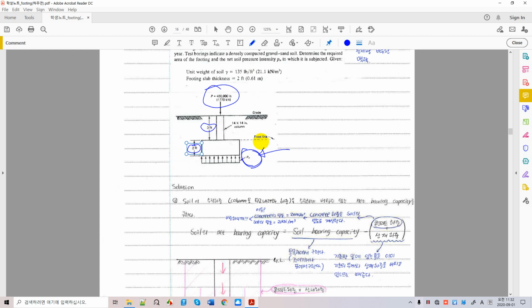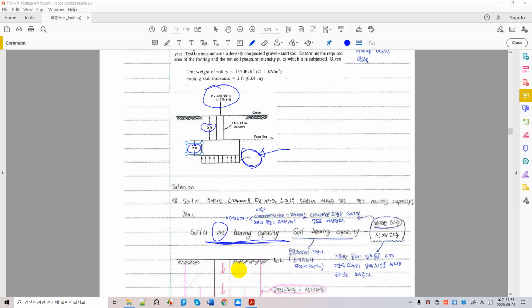Now the important thing here is to know the soil bearing capacity, which is the net soil bearing capacity, to compare it to the loadings, to judge whether your soils are under control or not. If the bearing capacity is greater than the loading from the top, then you're okay. Otherwise, you're not okay.